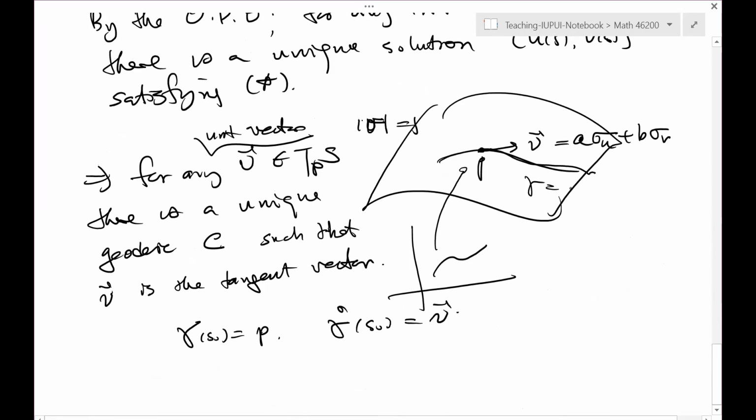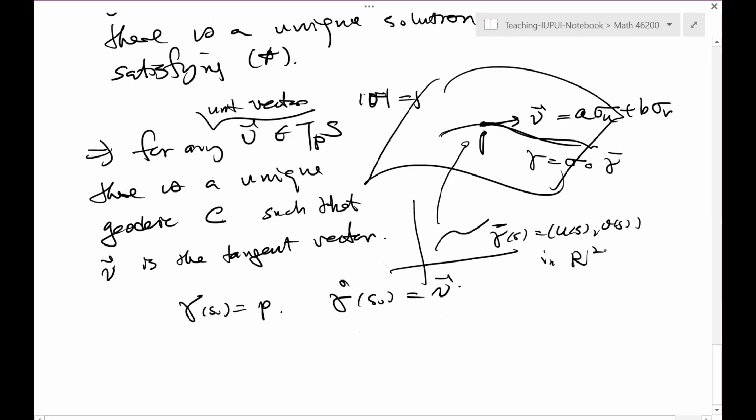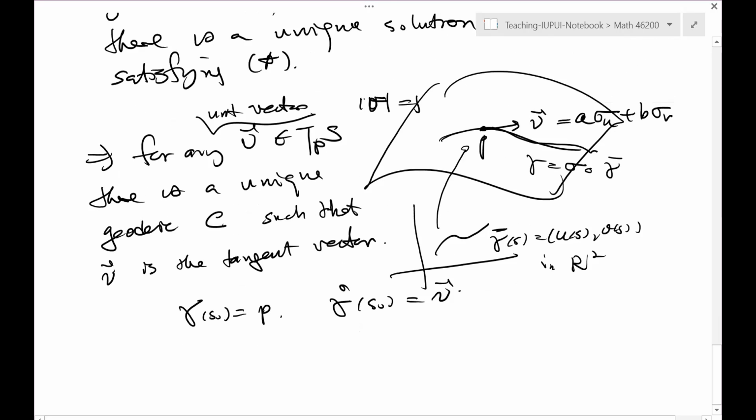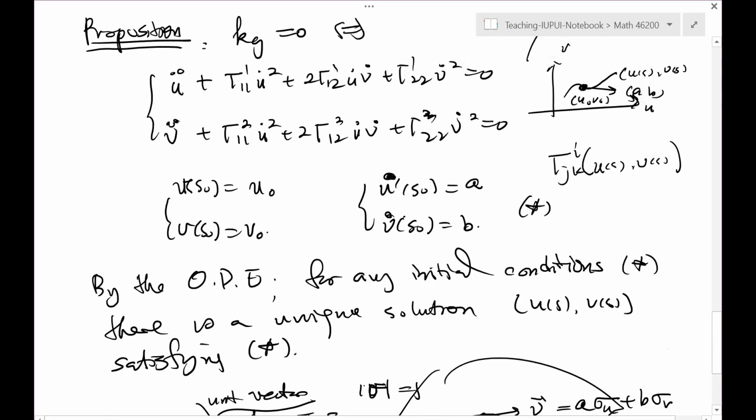Gamma is going to be the image of this curve. Maybe you can call this curve gamma bar. This is a plane curve, right? Once you determine gamma bar in the UV plane, you can get gamma on the surface. So the geodesics can be completely determined by this.